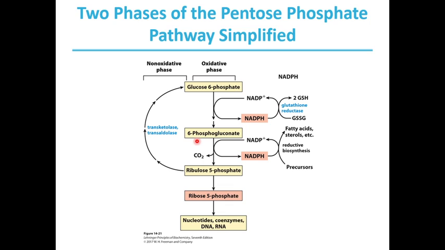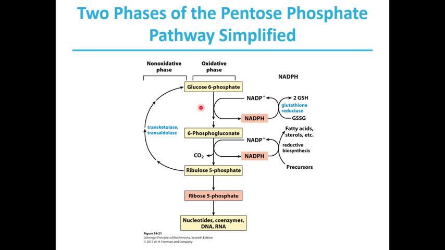In the non-oxidative phase, recycling of 6 molecules of ribose or ribulose-5-phosphate in this case into 5 molecules of glucose-6 phosphate takes place.